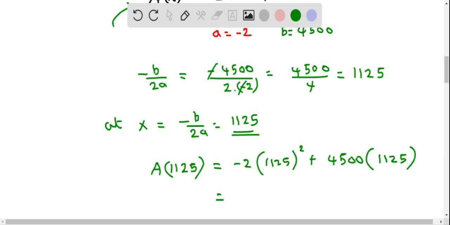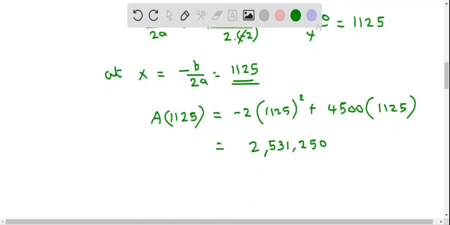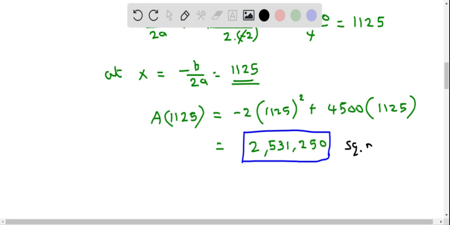We plug this expression into the calculator to determine its value, and when we do that, we get 2,531,250, and the unit of the area is square meters. So this is the largest area of the plot.